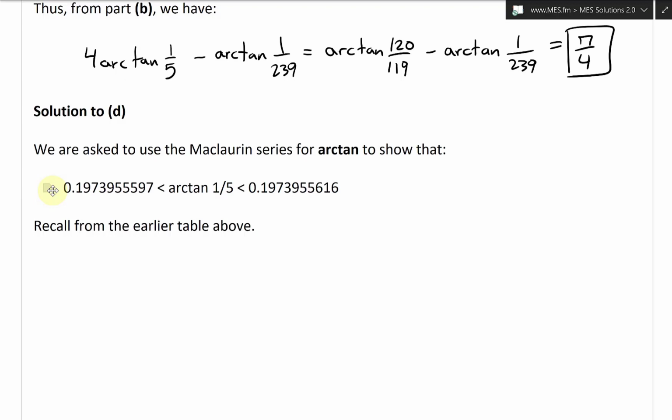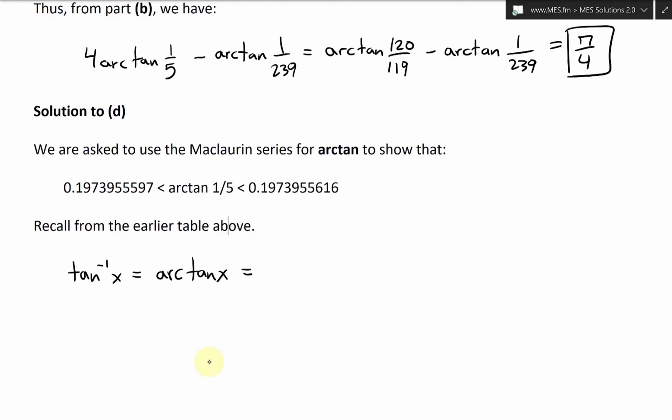So recall from the earlier table above, tan inverse of x, or tan negative 1 of x, it's the same thing as arctan. It's just different ways of writing the exact same setup. Arctan of x equals an arc. I think they say this because it's like the arc of the angle. So it's the angle or the arc there.